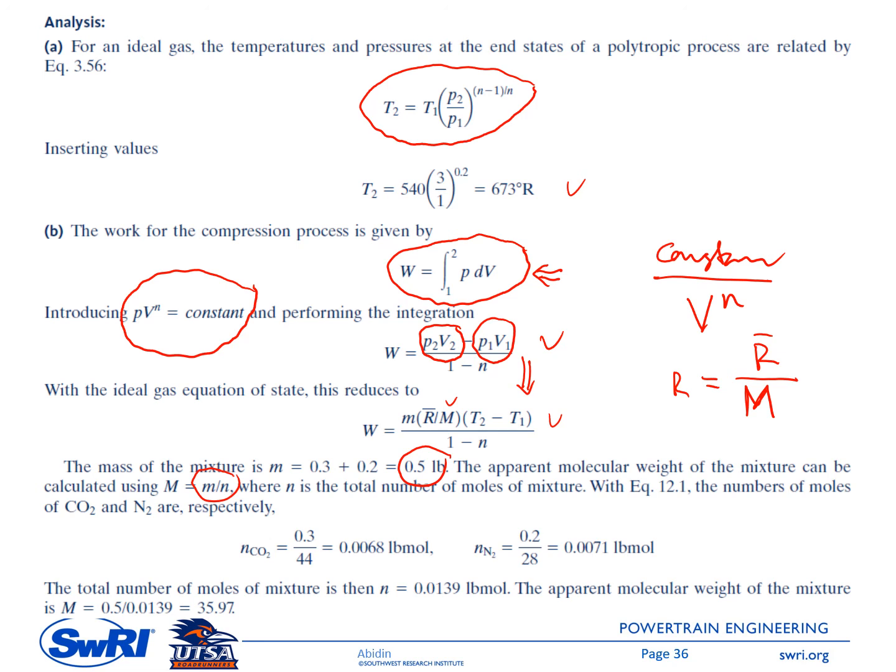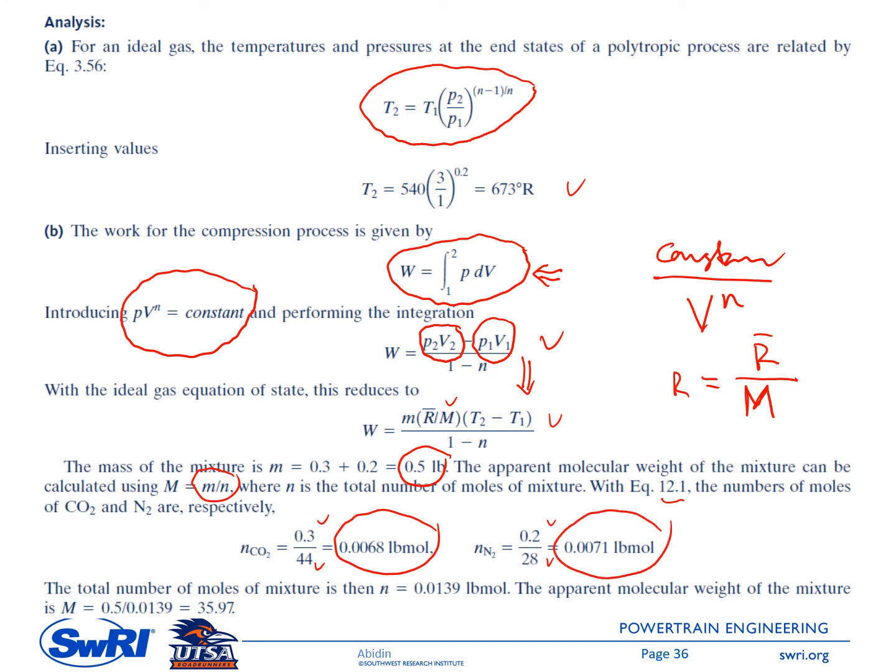We have equation 12.1 to calculate the number of moles for CO2 and N2. The mole number of CO2 is the mass of CO2 over the molecular weight of CO2, 44. The mole number of nitrogen is 0.2 over 28, the molecular weight of nitrogen. So we have N_CO2 of this number and N_N2 of this number.